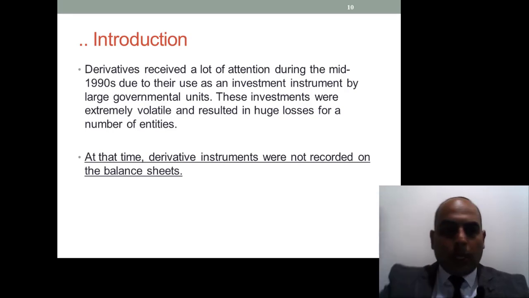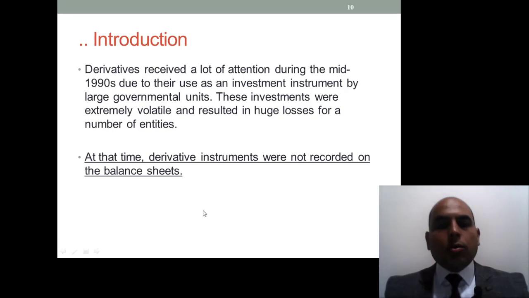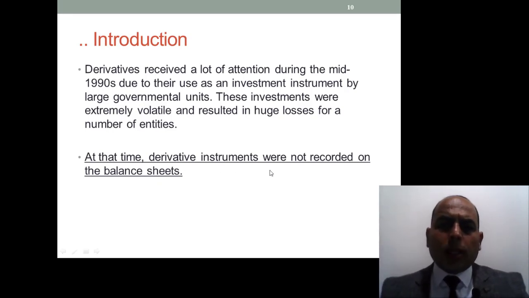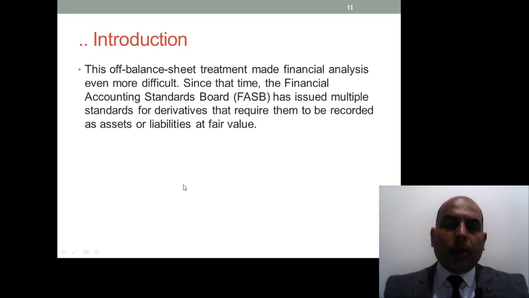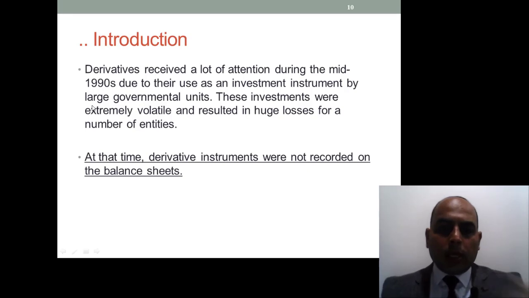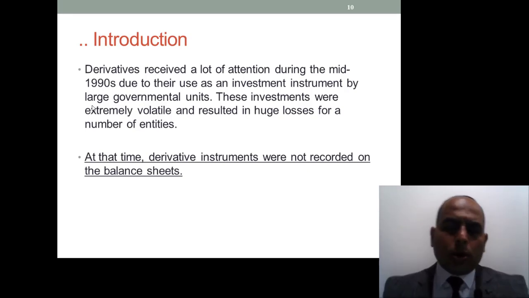Before, around 1990, derivative instruments were not recorded on the balance sheet. But later on, this accounting treatment had many problems, because we didn't disclose the fluctuations or gains or losses that occurred because of entering into different kinds of instruments.